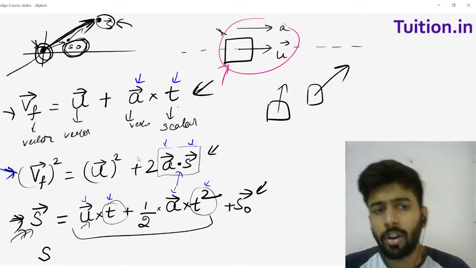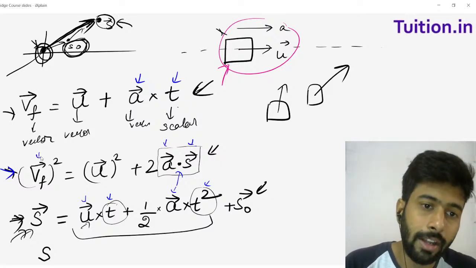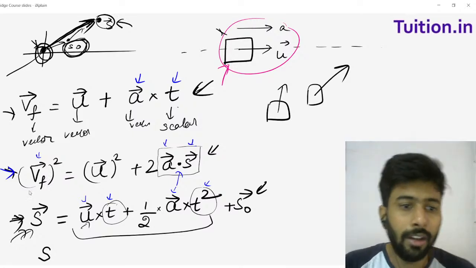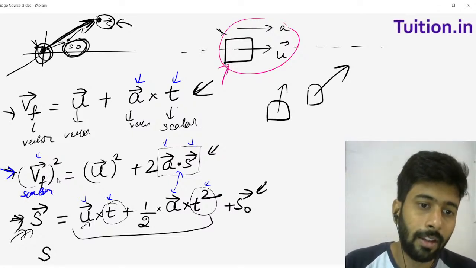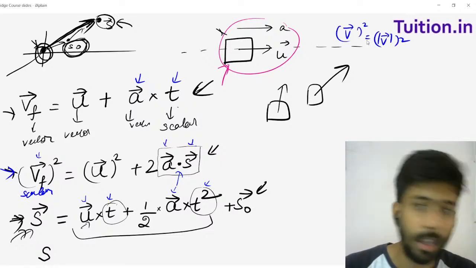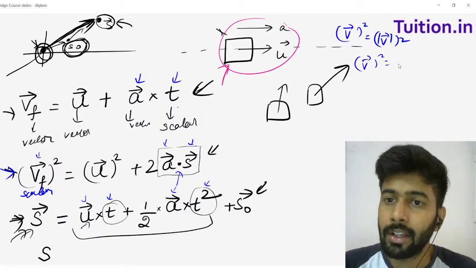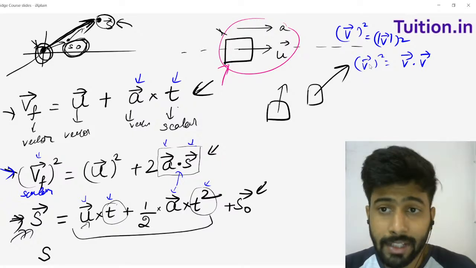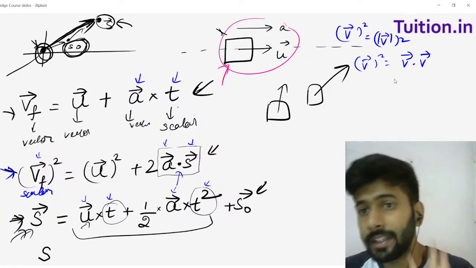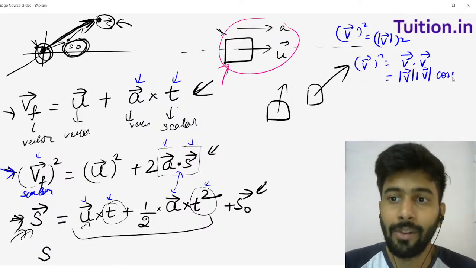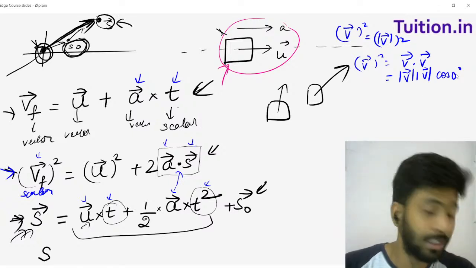Okay, and why is it a dot product? Because when you do vf square, mod vf bar square, which is nothing but mod vf square, this will give you a scalar. So when you square a vector, actually you are squaring its magnitude only, because squaring a vector means doing the dot product of the vector with itself, which is nothing but mod v square cos 0, because the angle that a vector makes with itself is 0.